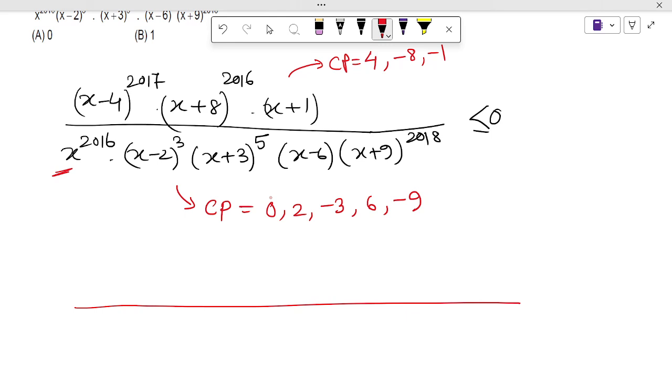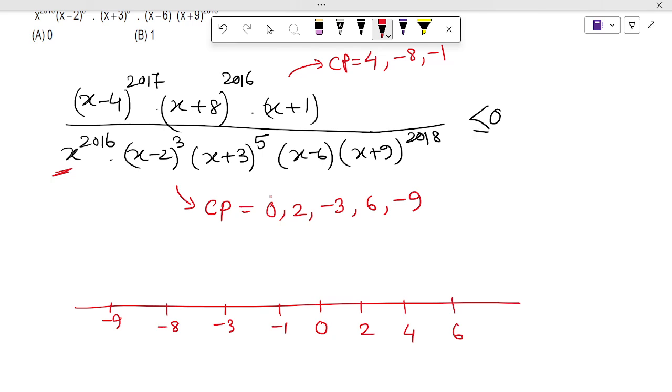The first is minus 9, then minus 8, then minus 3, then minus 1, then 0, then 2, then 4, and then 6. So 8 critical points are there, and we have plotted all of them on the number line.